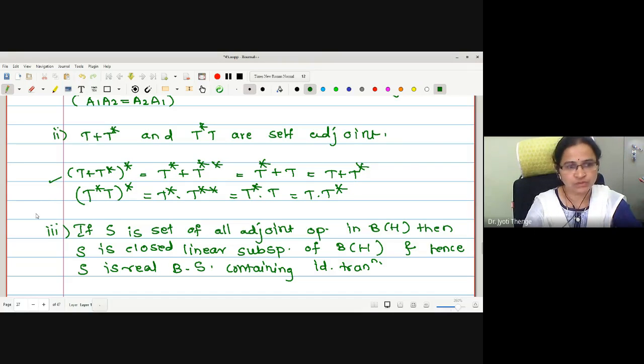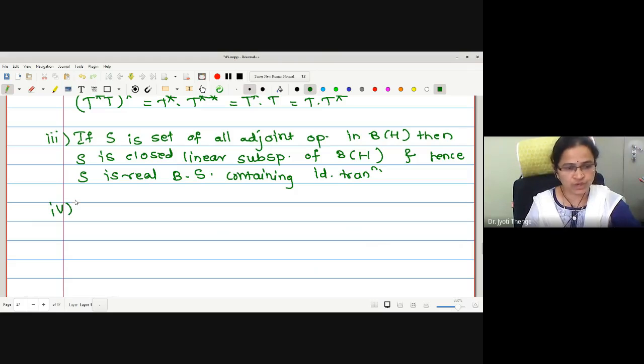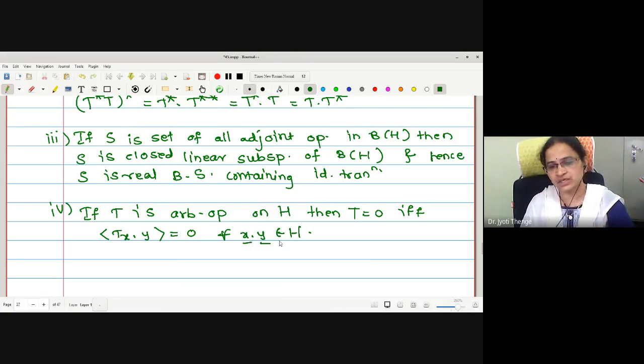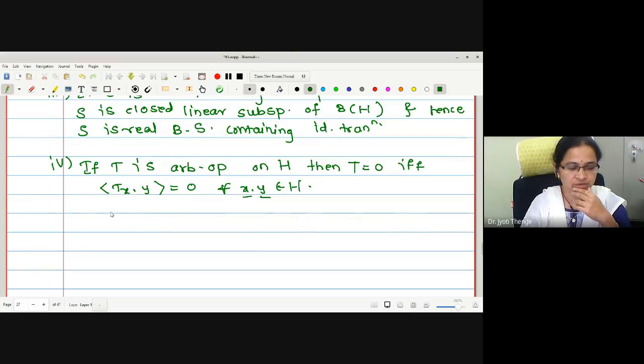One more. Property number 4: if T is an arbitrary operator on Hilbert space H, then T is equal to 0 if and only if the inner product of Tx with y is equal to 0 for all x, y belonging to H. As we are saying that for all x, y this inner product is 0, the only possibility is that T itself will be 0.